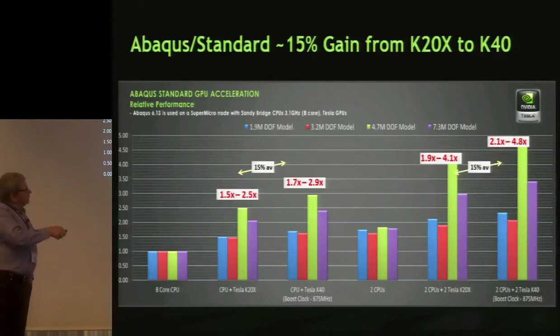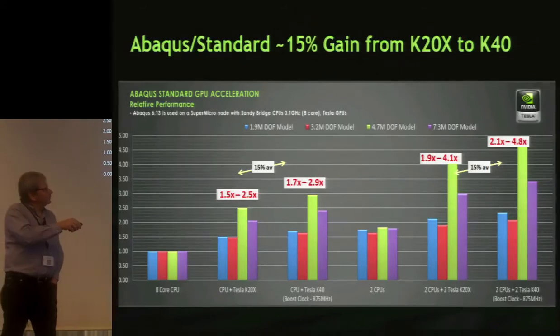With a K40 you get an additional speed up here, ranging from 1.7 to 2.9 against single socket CPU runs, and on 2 CPUs more or less the same picture. So 1.95 to 4.1.